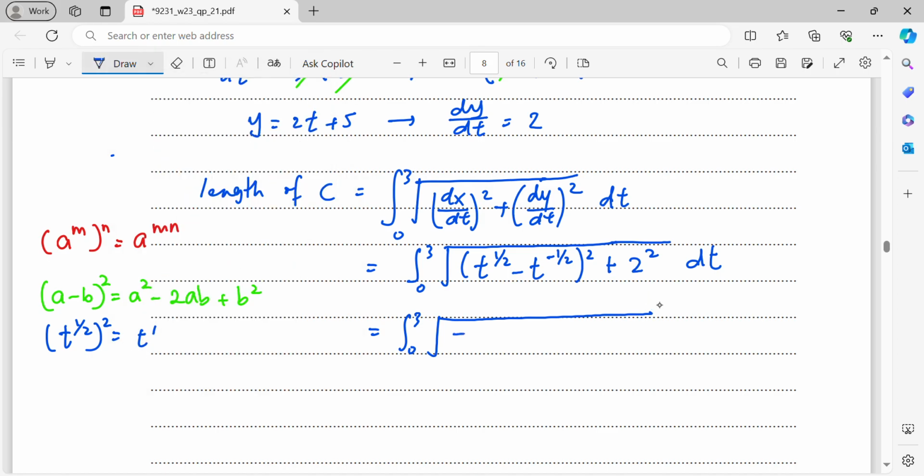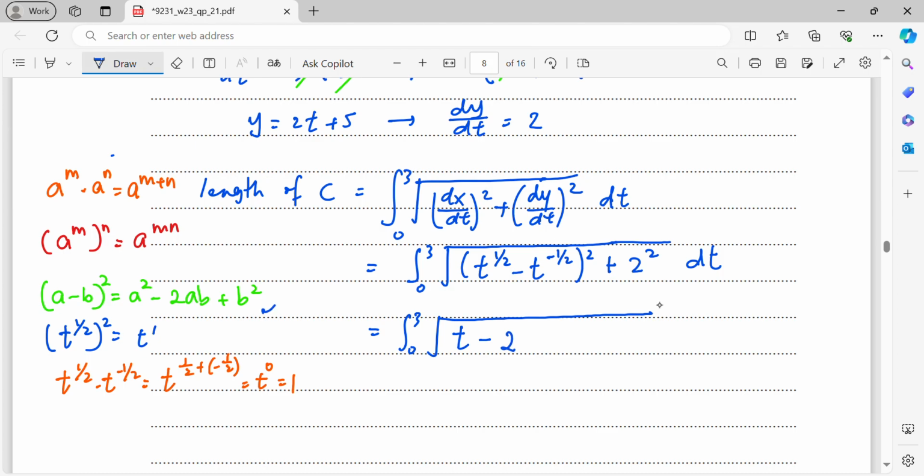Therefore, here I will just write t minus 2 times t half and t to the power negative half. Here t half times t to the power negative half. This is another formula, a to the power m times a to the power n is a to the power m plus n. So half plus negative half, that is t to the power 0. T to the power 0, you get 1. That's why the second term, I will just get 2.